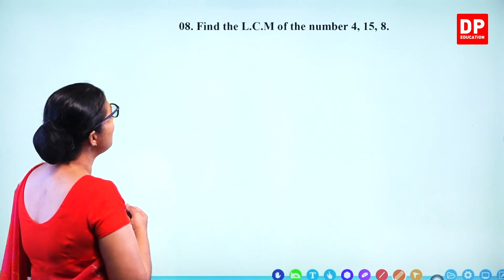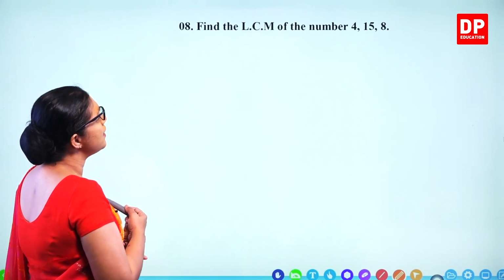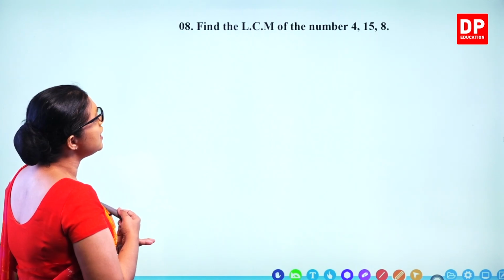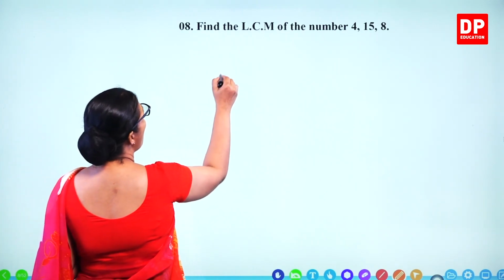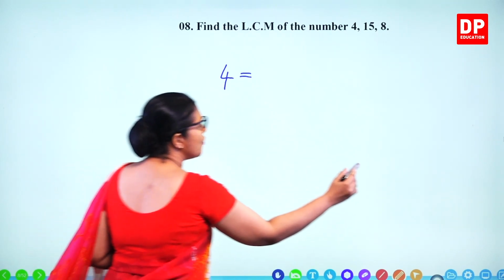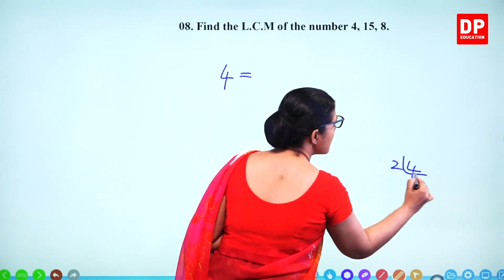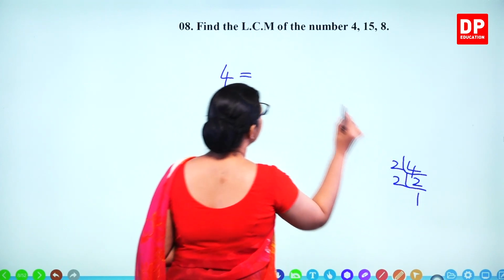Question number 8. Find the lowest common multiple of the numbers 4, 15, 8. 4: how can you write 4? 2 times 2.